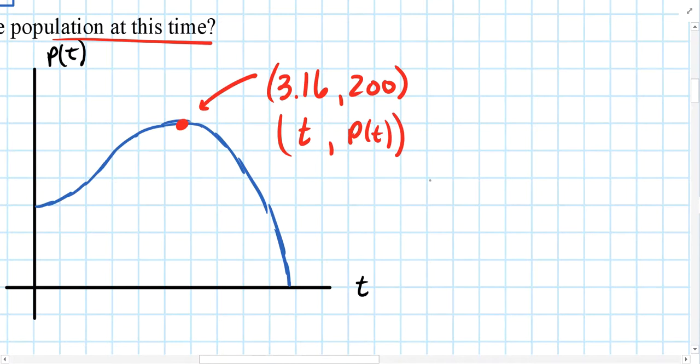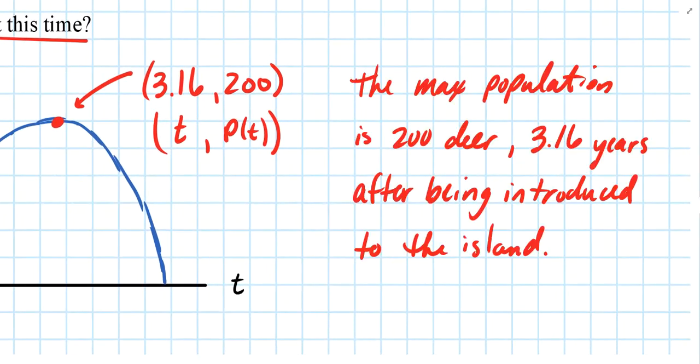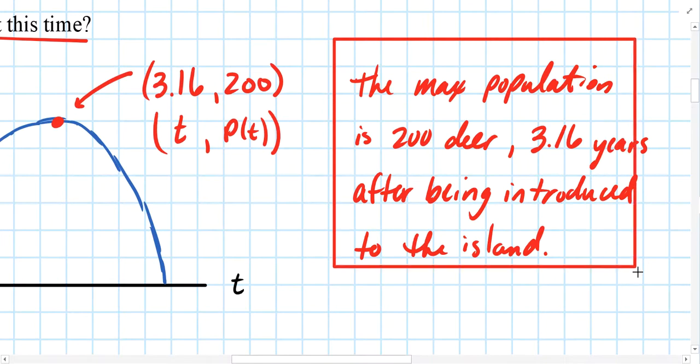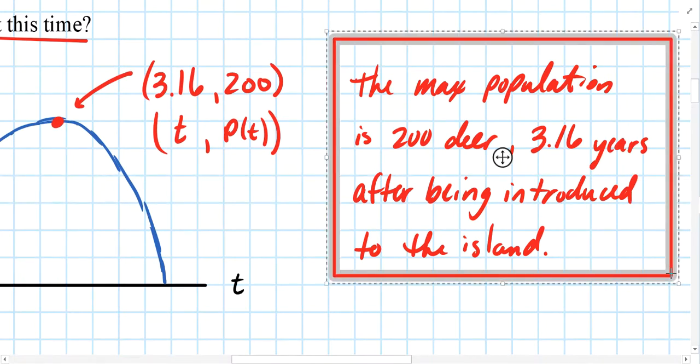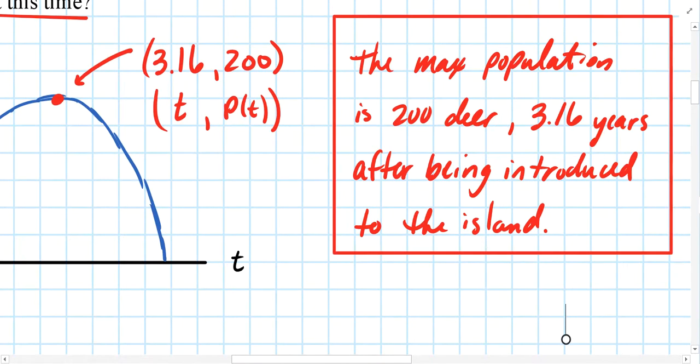And as we said a little bit earlier, t represents the time, and p of t represents the population. And so I would say something like this. The maximum population of the deer is 200, and this occurred 3.16 years after being introduced to the island. And again, we found this by locating the position where the graph changed from an increasing function to a decreasing function.